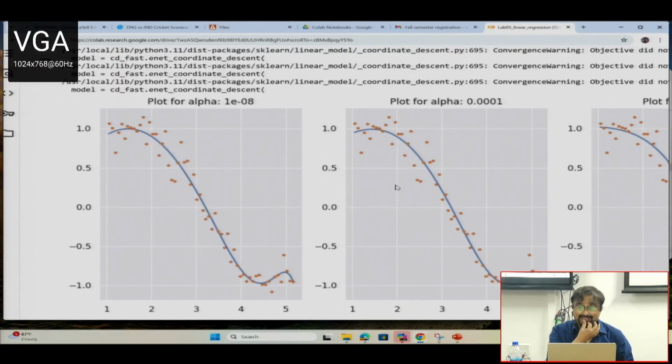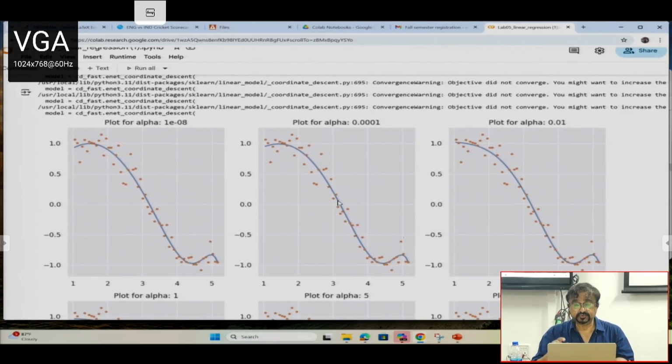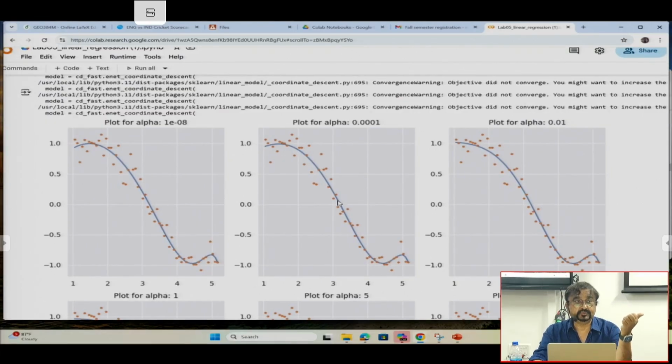So this notebook basically shows you the effect of choosing L2 and L1 norms on the model, okay? And the effect can be changed by using that regularization weight, alpha.